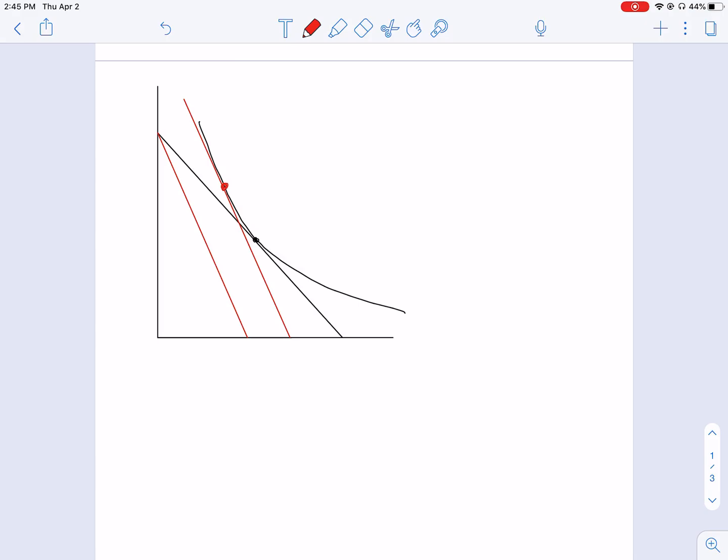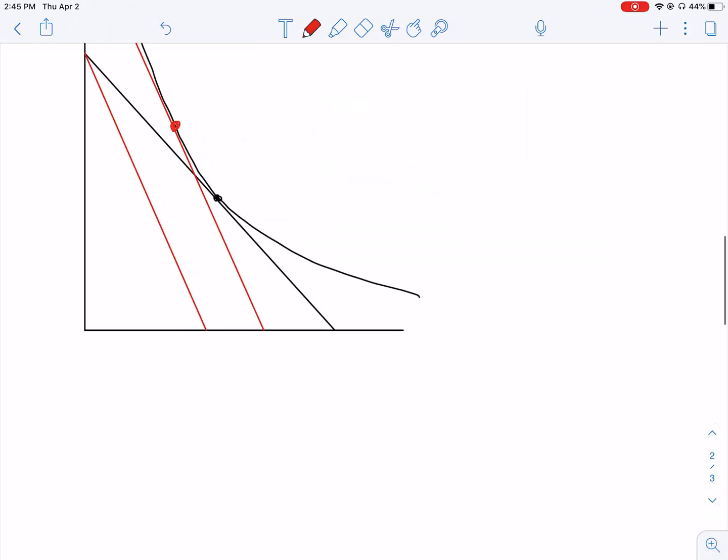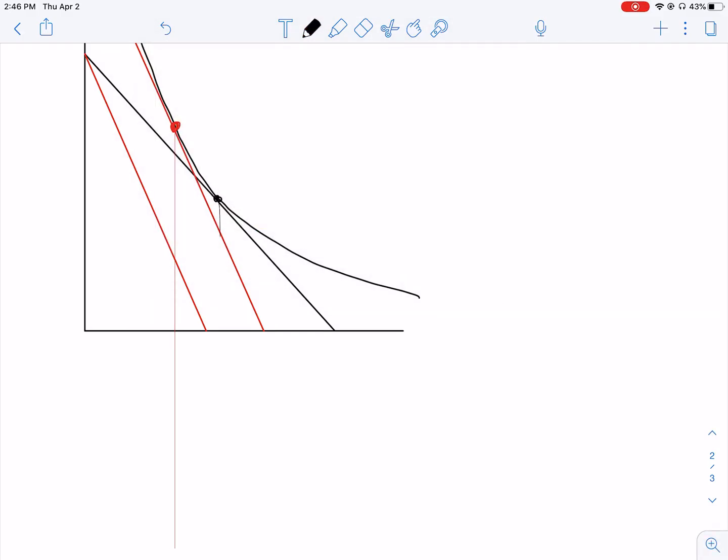If I draw that the same way as in the previous page, this is going to go like that, and the black one is going to go like that.